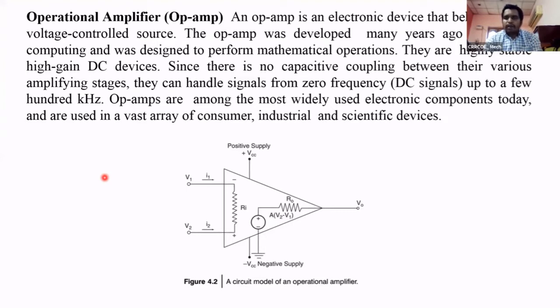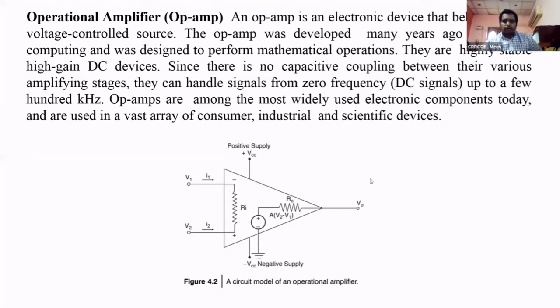In so many ICs, integrated circuits, the op amp is one of the important devices. It is used in consumer field and industrial field and scientific devices also. Operational amplifier is a device which is used to amplify the input signal.